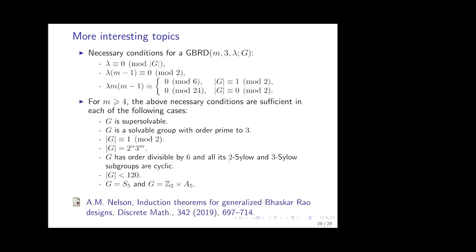So I list this paper, because in this paper most known constructions and most known results were collected. I don't want to read it. This is my slides of this lecture.